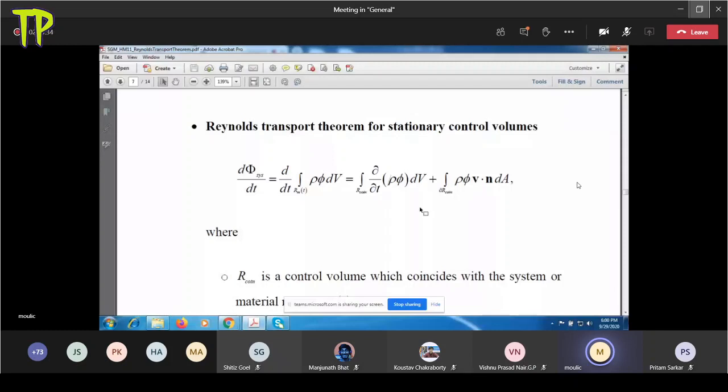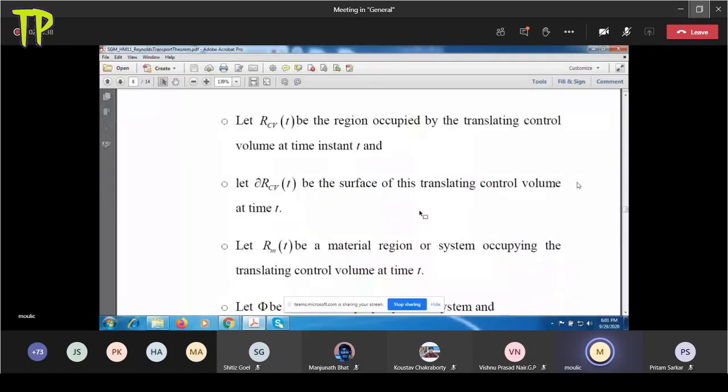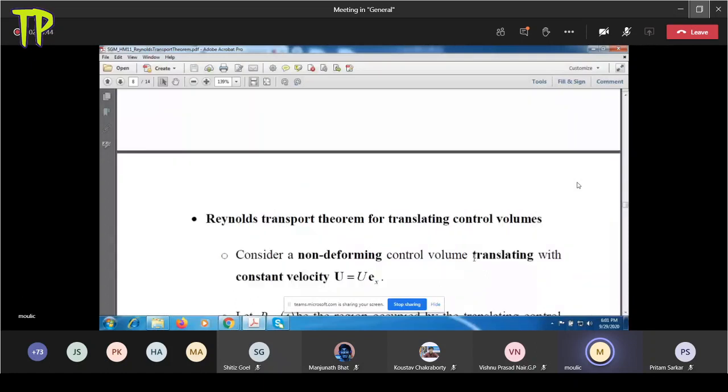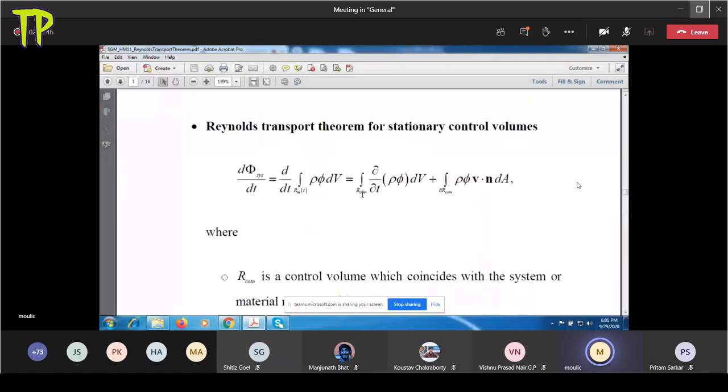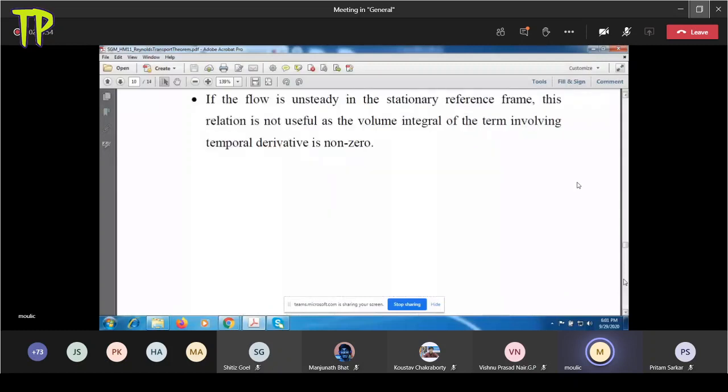Now, you can generalize this to a case where the control volume is translating, and all you have to do is replace this R coincident by R_CV(t). I'll do this again next time, but today let me give you the result.